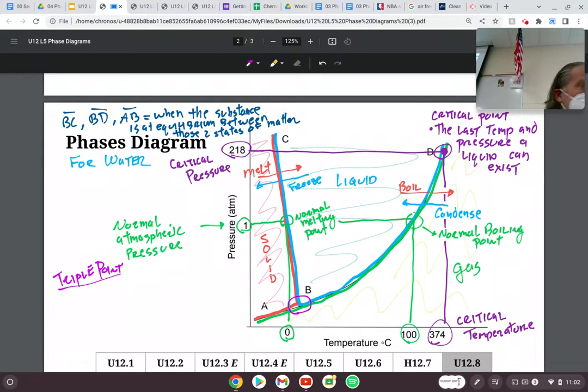Now the triple point is when solid, liquid, and gas exist at equilibrium or at the same time.